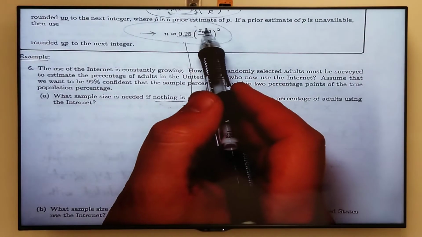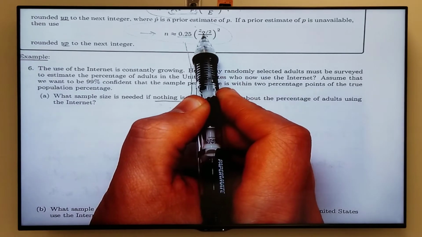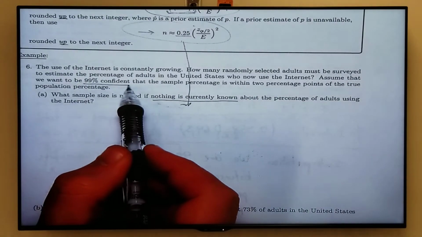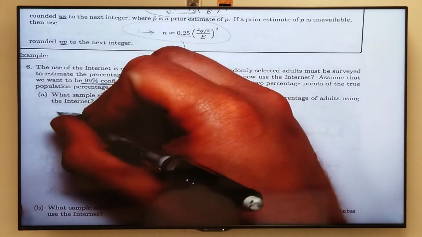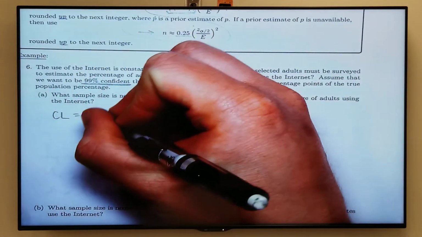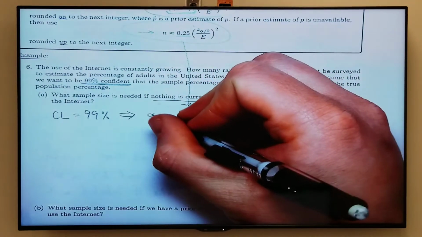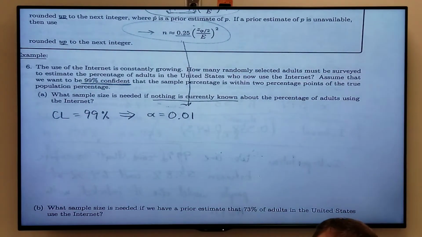In order to get z sub alpha over 2, we need to know what alpha is. Alpha is related to our level of confidence, right? We want to be 99% confident, right? So if our confidence level is 99%, then that means that alpha has to be 0.01, right? 100% minus 99% is 1%.